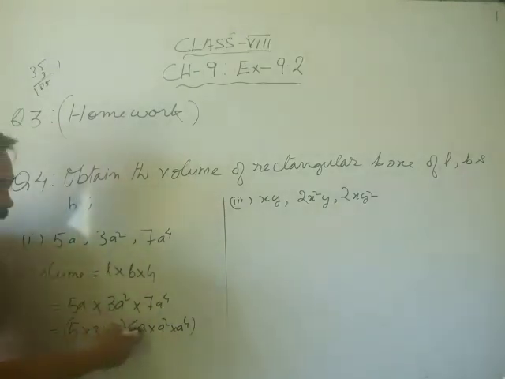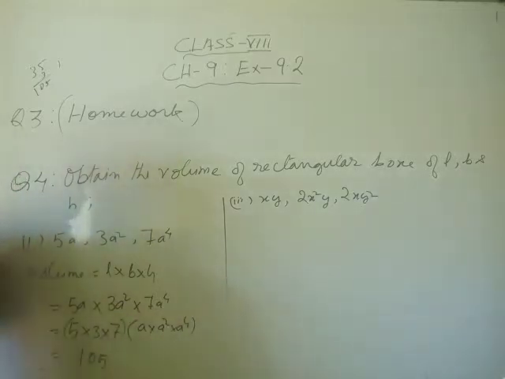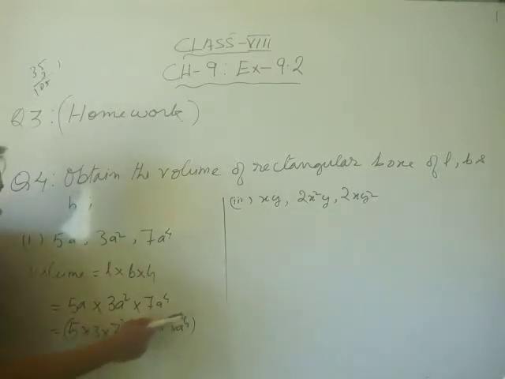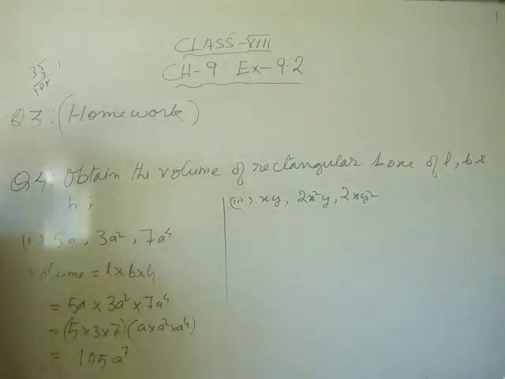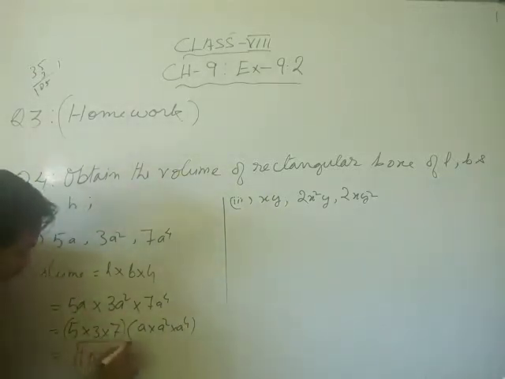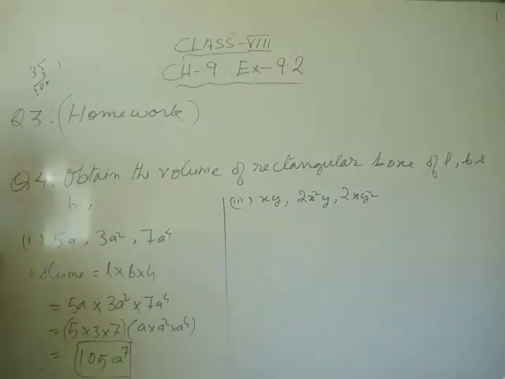If we multiply the same base, their powers will be added, isn't it? So you just write one a, not all three, and add all the powers. Power here 4, 4 plus 2 is 6, and one more as power, so 6 plus 1 is 7. Means a to the power 7. So this is the volume of the rectangular box.